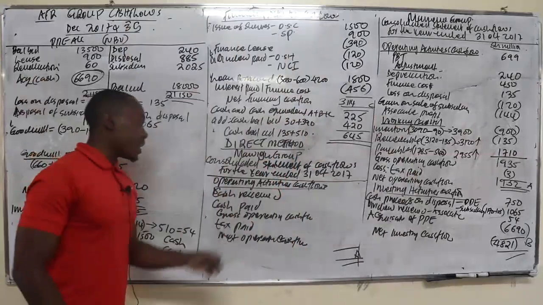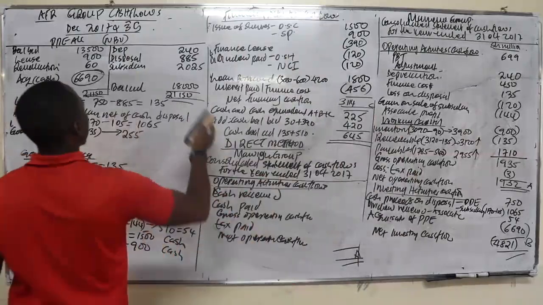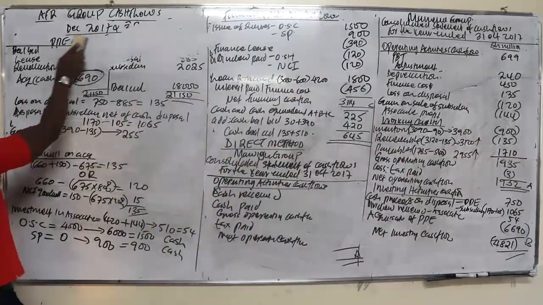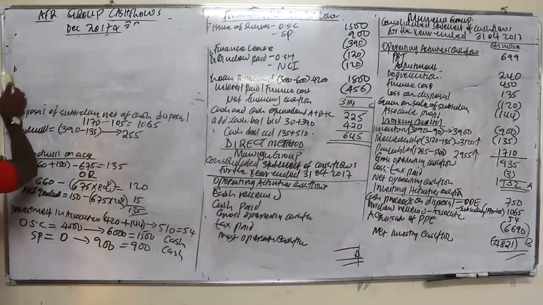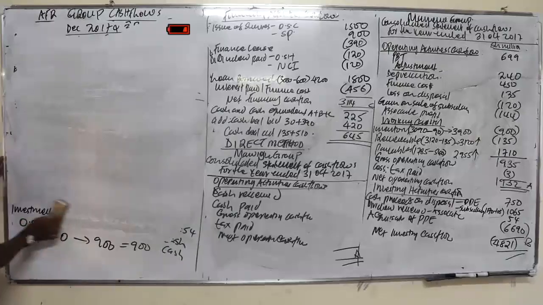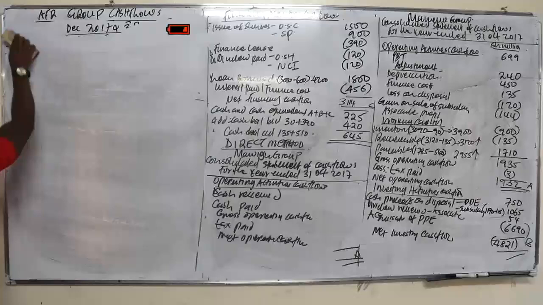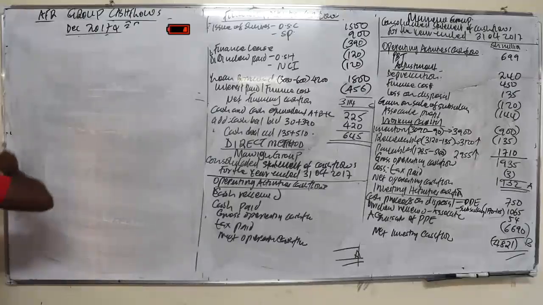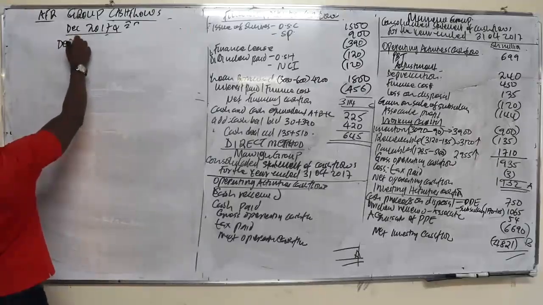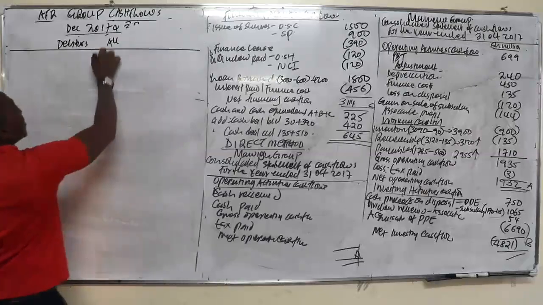So how do we get the cash received? You open the debtors account. So to get the cash received, you open the debtors or accounts receivable account.